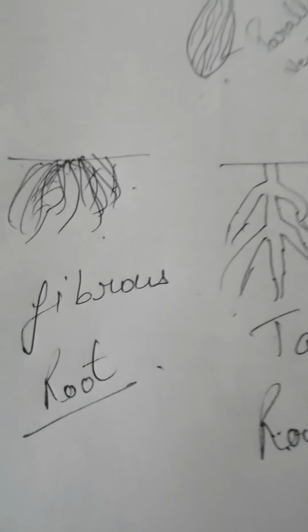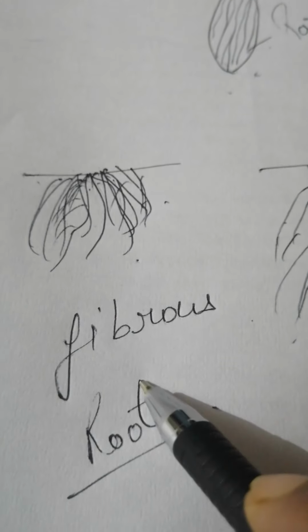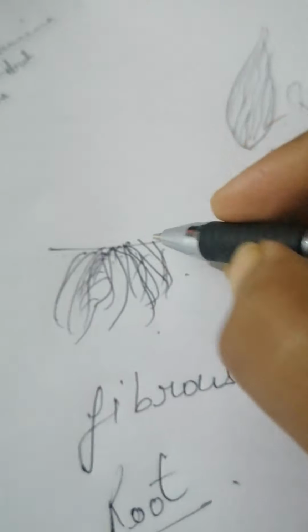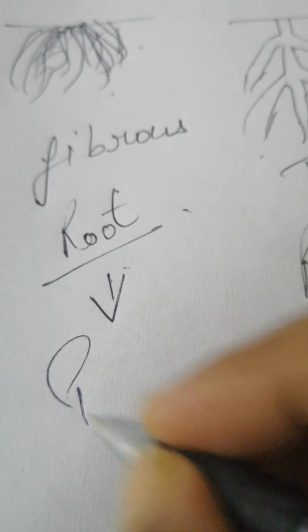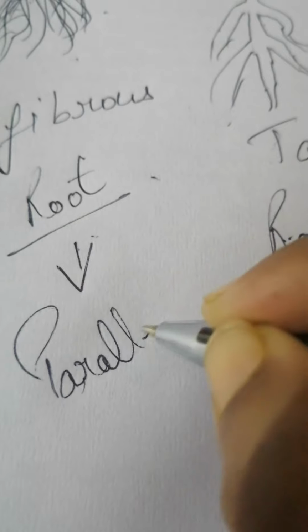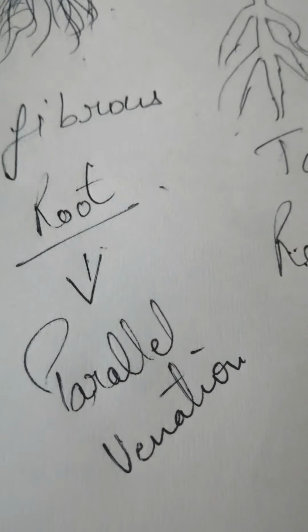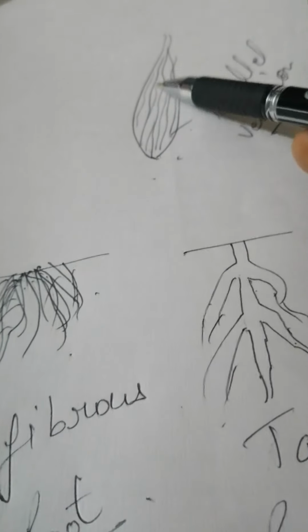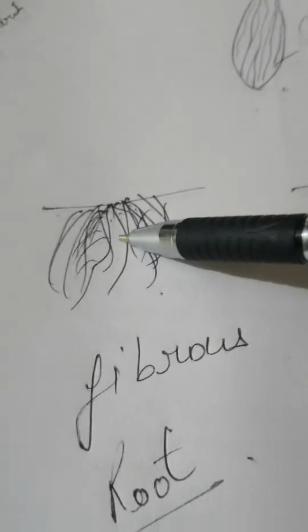There is a connection between venation and root. A plant which has a fibrous root will have parallel venation. So if we see a leaf with parallel venation, we will know that its root will be a fibrous root.